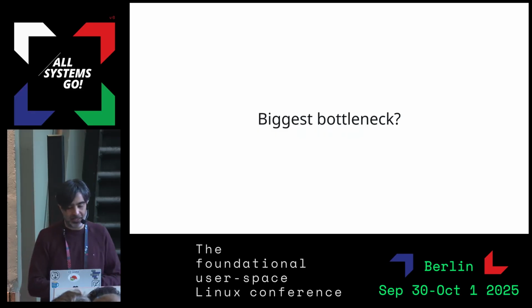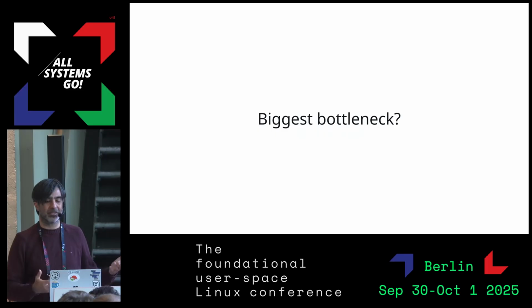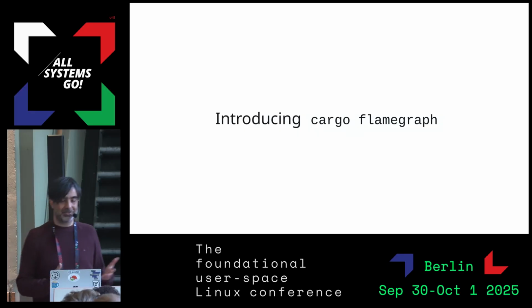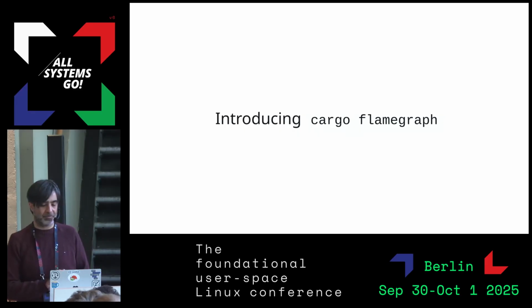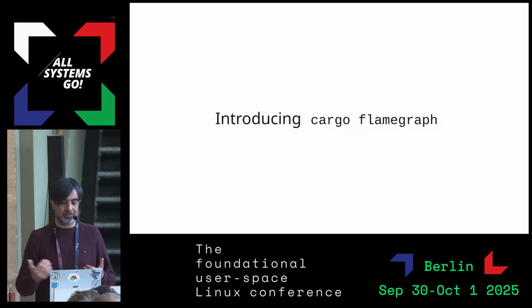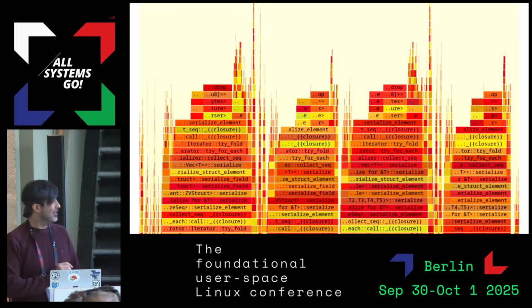But I did figure out what the biggest bottleneck was. I was like, what if I ever want to optimize it further? What would be the bottleneck that I need to address first? For that, I need to introduce something called flamegraph, which is a really nice tool, and you can use it with cargo. You can create some benchmarks, and then you flamegraph them, and you create something like this.